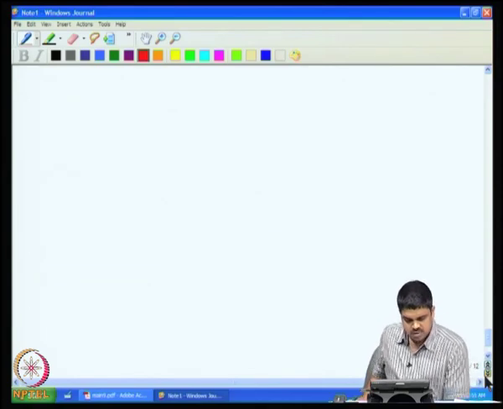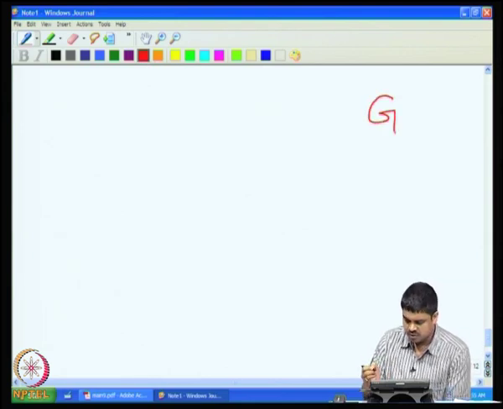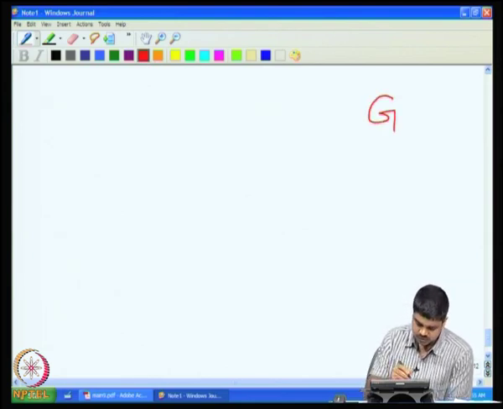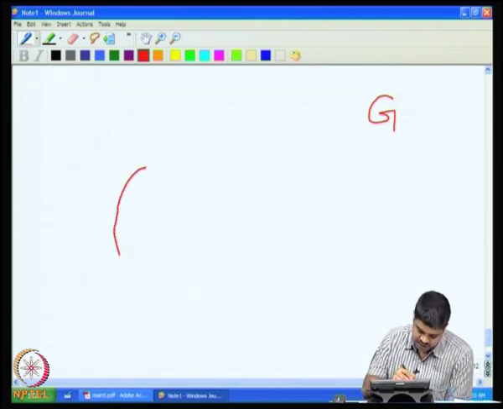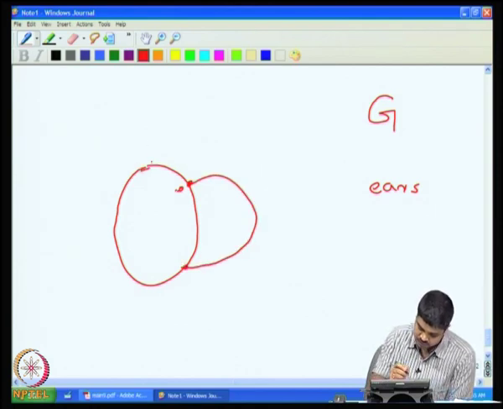Give me any two connected graph G. What we can do is start from a cycle in it and then keep adding something called ears. What do you call an ear? You start from this already existing graph, and initially it will be a cycle.